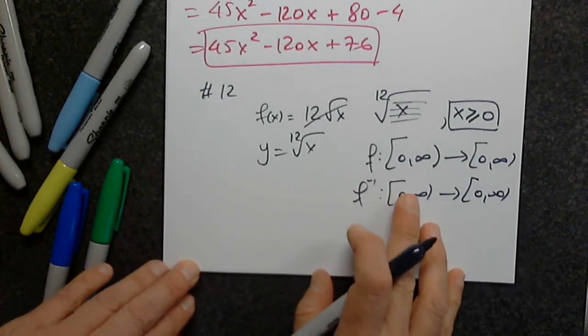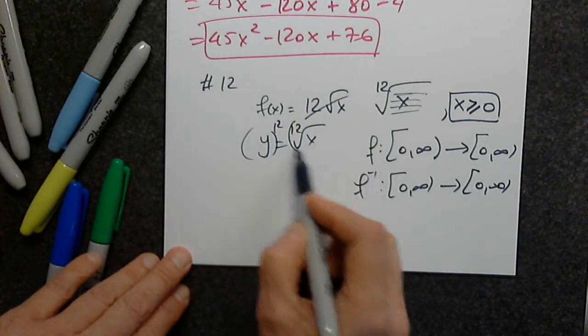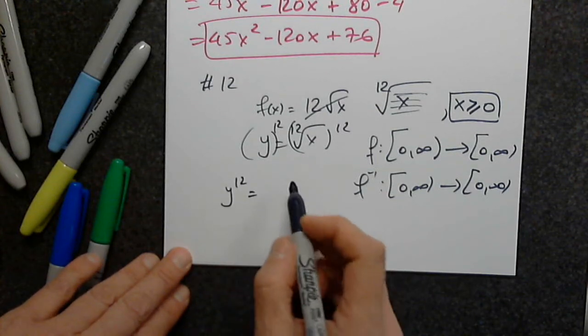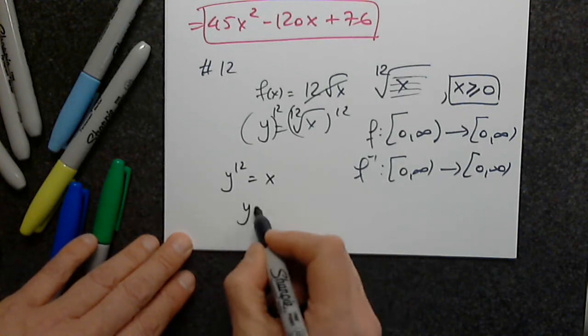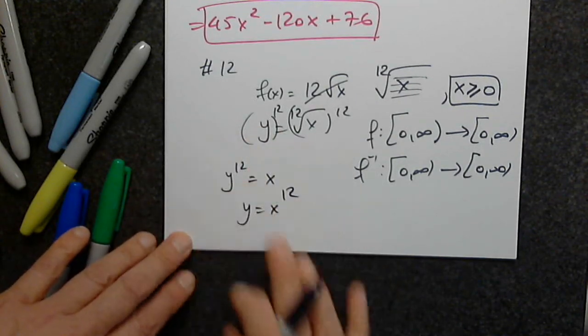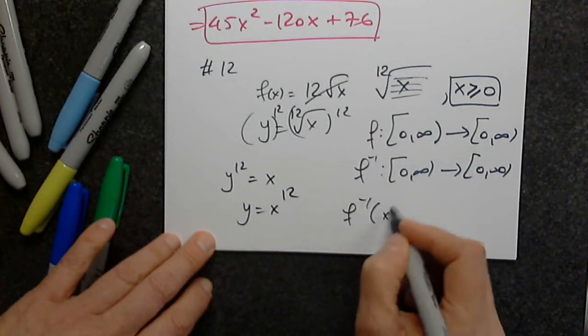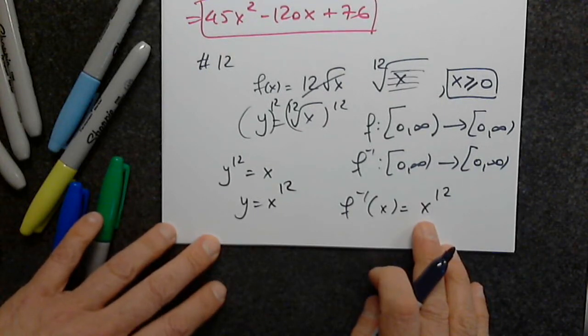So now I can find the inverse function. I replace f by y, and I take both sides to the 12th power. So y to the 12th is x. And of course, we have to interchange them, so y equals x to the 12th power. So f inverse of x is x to the 12th. But x to the 12th has no restrictions.